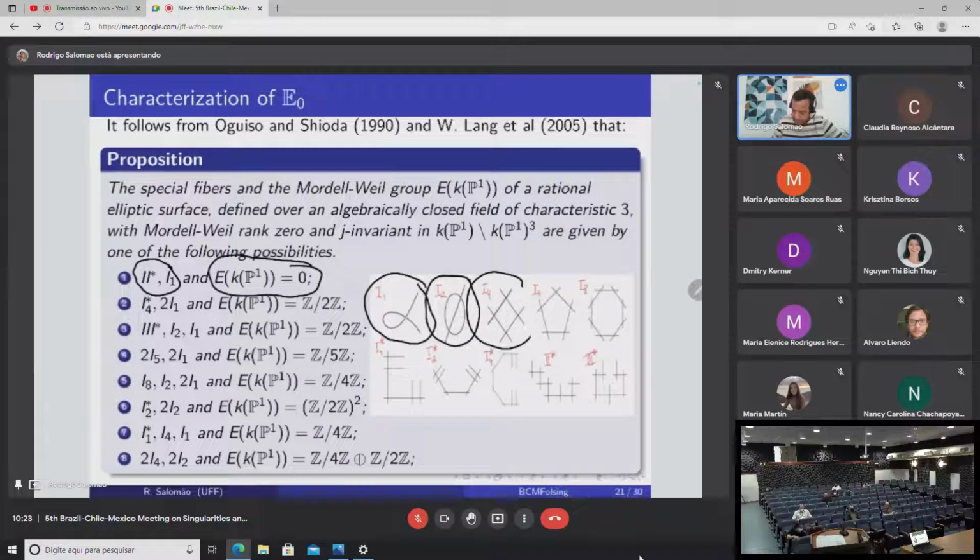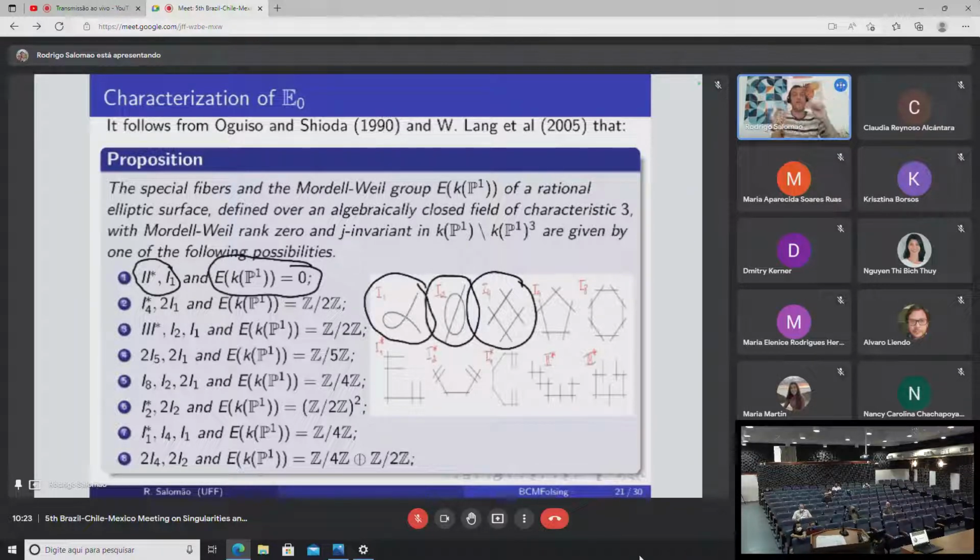Okay, so if we take this proposition that we have a correspondence, possibilities of special fibers and possibilities of Mordell-Weil groups, okay, of rank 0, and if we contract each special fiber here, we will obtain the possibilities of plane curves that are contractions of each special fiber.